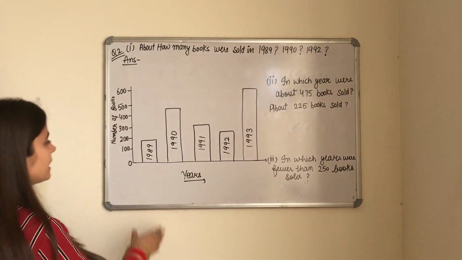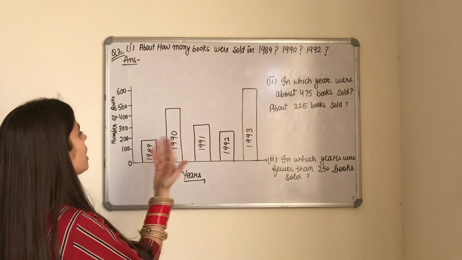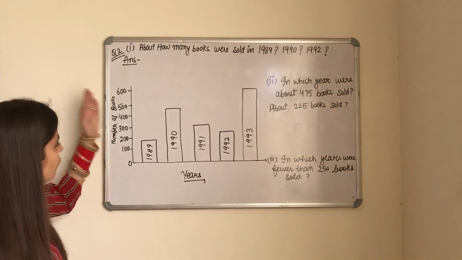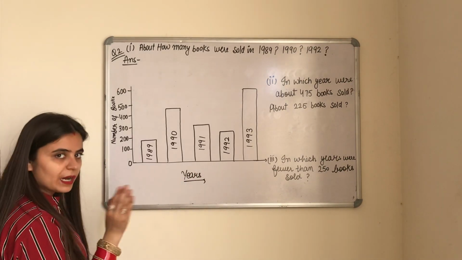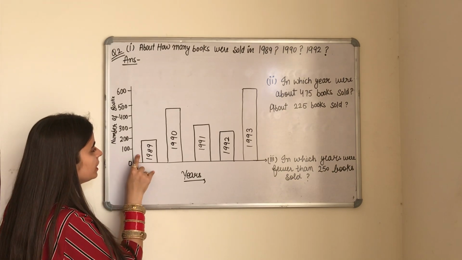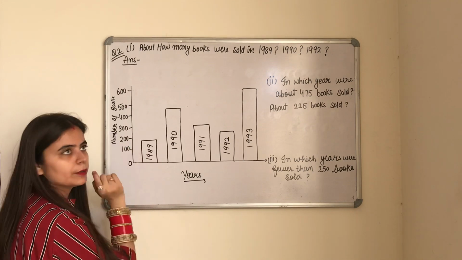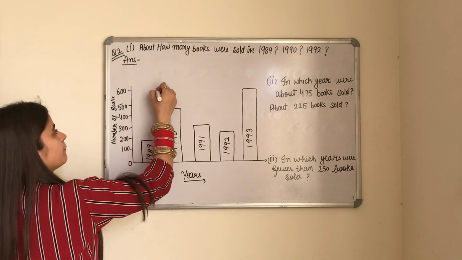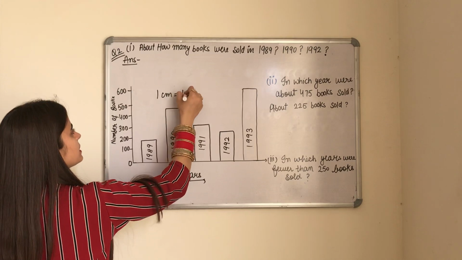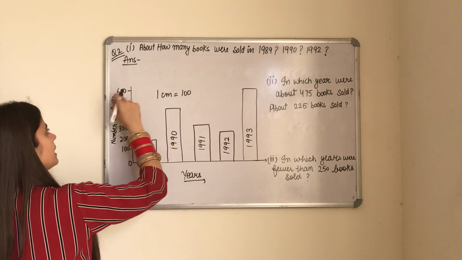So come to the year 1989. Here it is 1989. These are the number of books. Look at the bar of 1989. This bar is going up to 3/4 of the second unit, because 1 centimeter equals 100 units, and 100 units means 100 books.